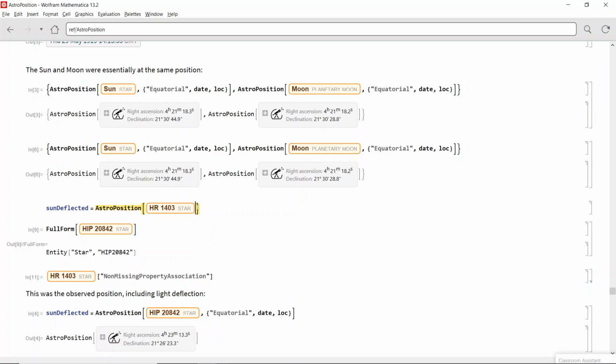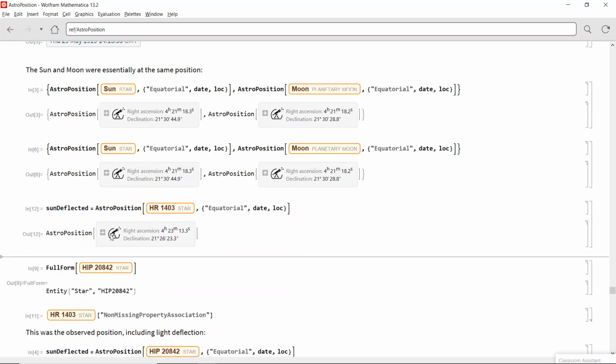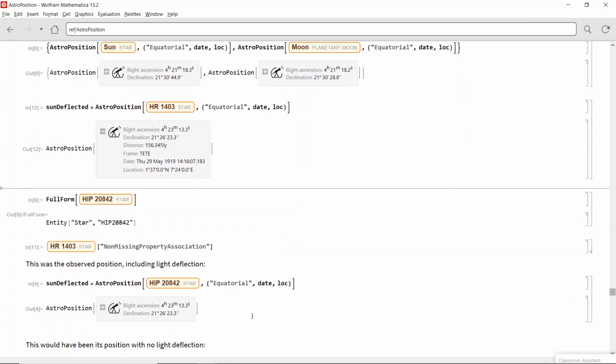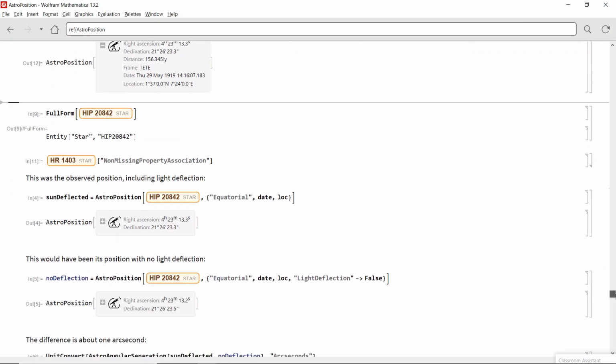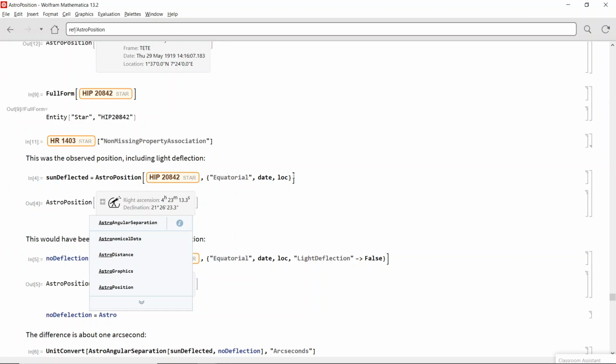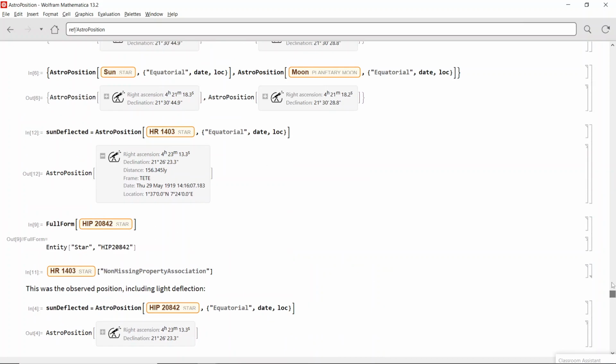Sun deflected equals AstroPosition, equatorial, date, loc. This was the observed position including light deflection. I already did that one. This would have been its position with no light deflection. No deflection. Basically I'll copy what I typed above.